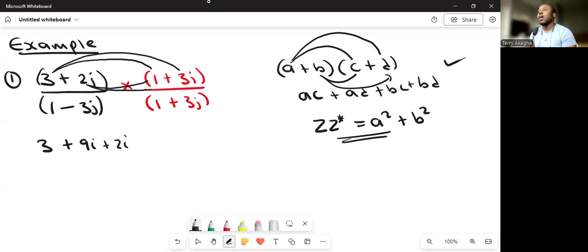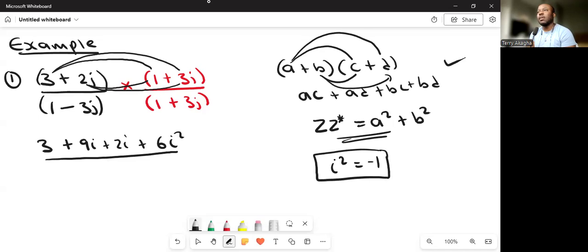Then 2 times 3 is going to give us 6j squared. Now, remember, I also told you in the previous video that j squared is the same thing as -1, right? So don't forget that. We're going to use that when we're solving this.